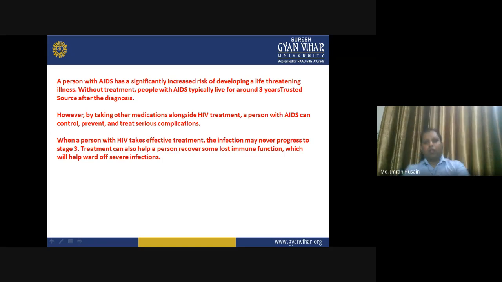However, by taking other medications alongside HIV treatment, a person with AIDS can control, prevent, and treat serious complications. If a person with HIV takes effective treatment, the infection may never progress to stage 3. Treatment can also help a person to recover some lost immune function, which will help ward off severe infection.